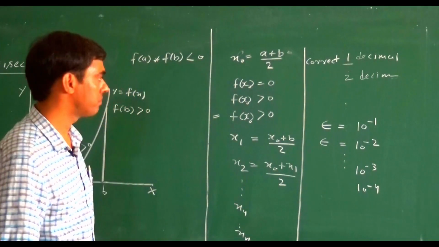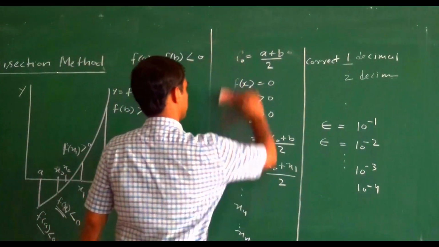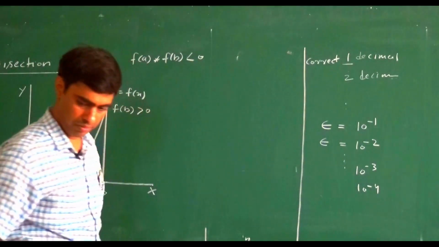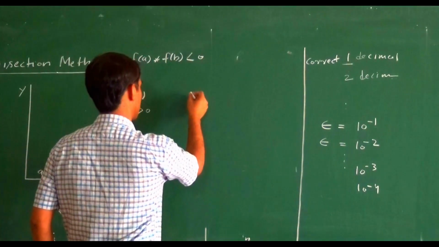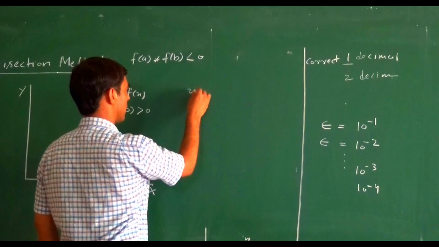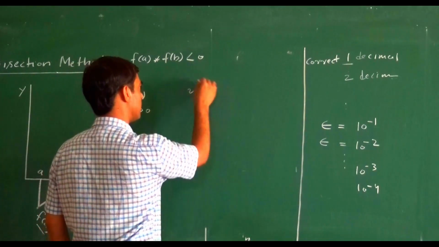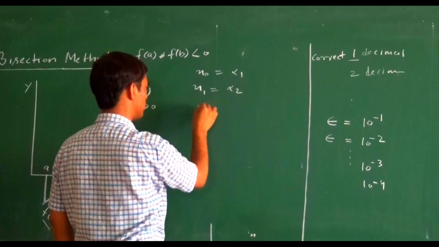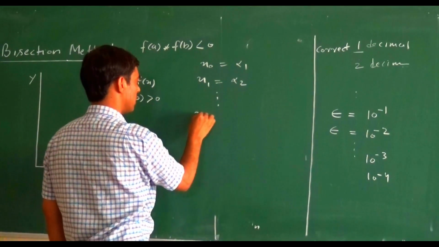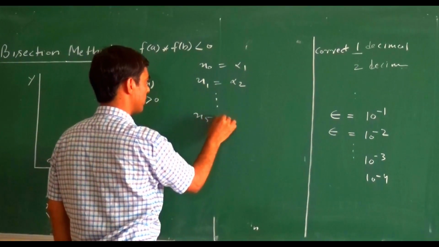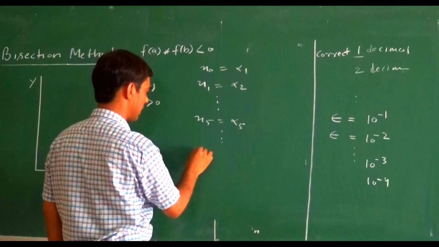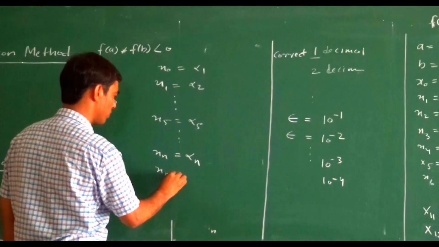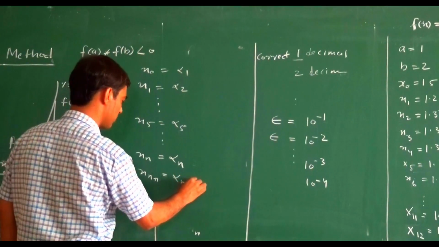For example, suppose x0 equals alpha 1, x1 equals alpha 2, similarly x5 equals alpha 5, xn equals alpha n, and xn plus 1 equals alpha n plus 1.